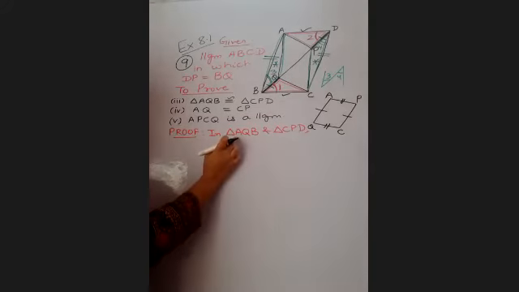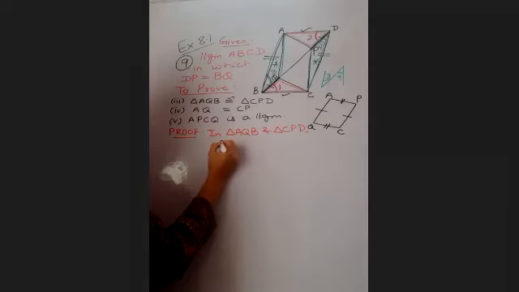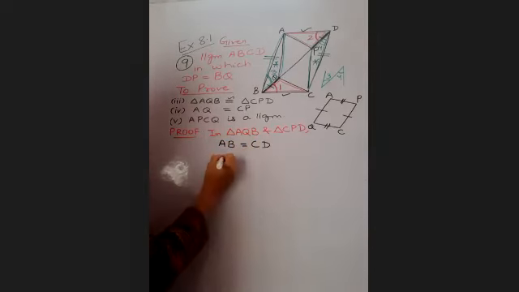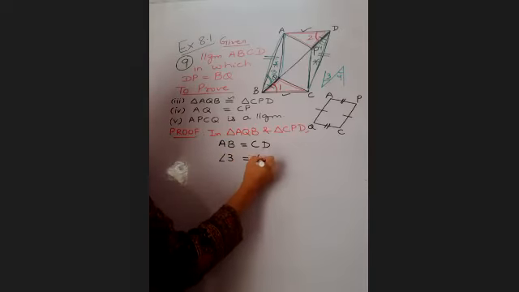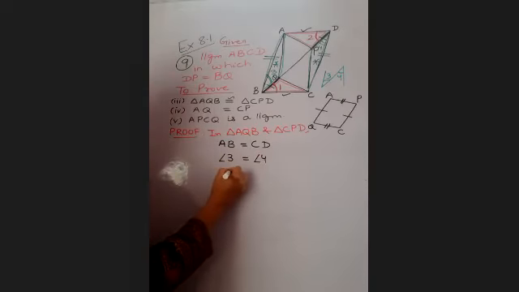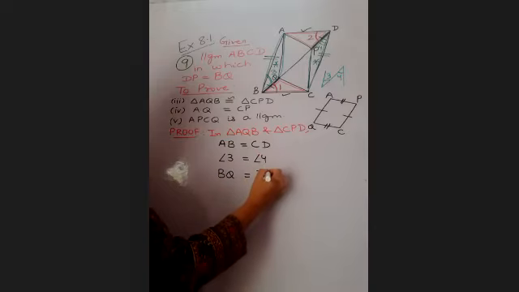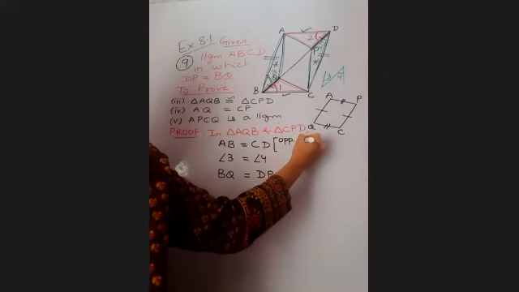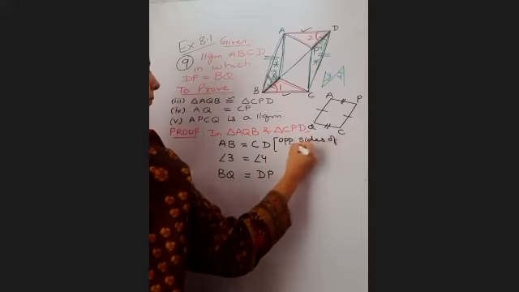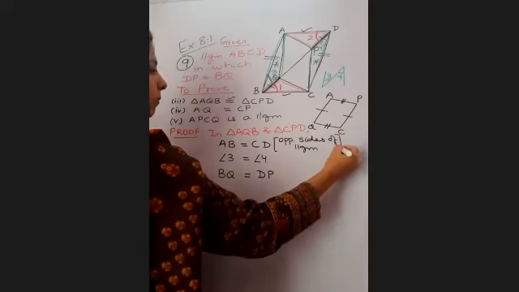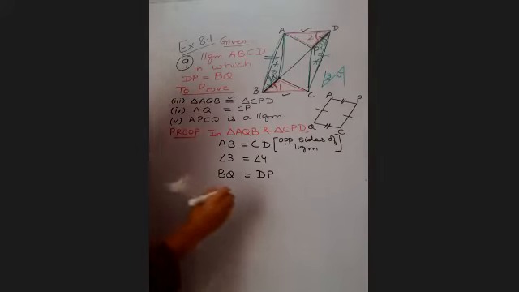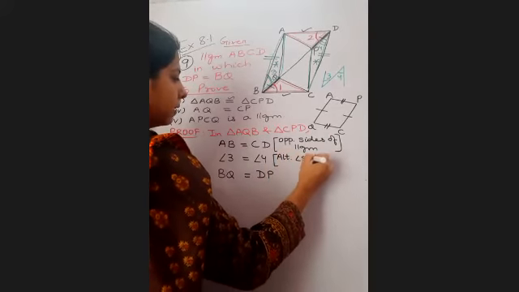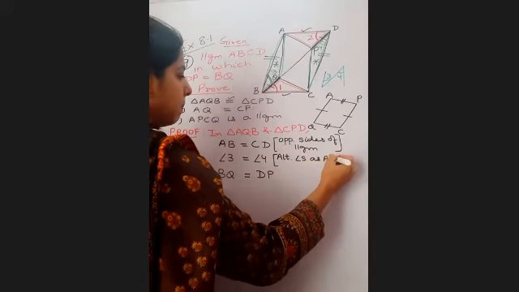So let us just note down the parts of this triangle below this. AB is equal to CD. Angle 3 equal to angle 4. And then we have BQ equal to DP. The reason here would be opposite sides of a parallelogram. This would be alternate angles as AB is parallel to CD.